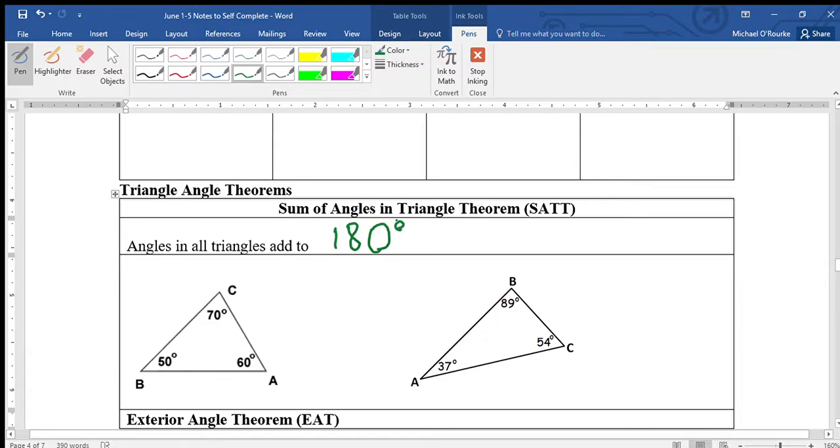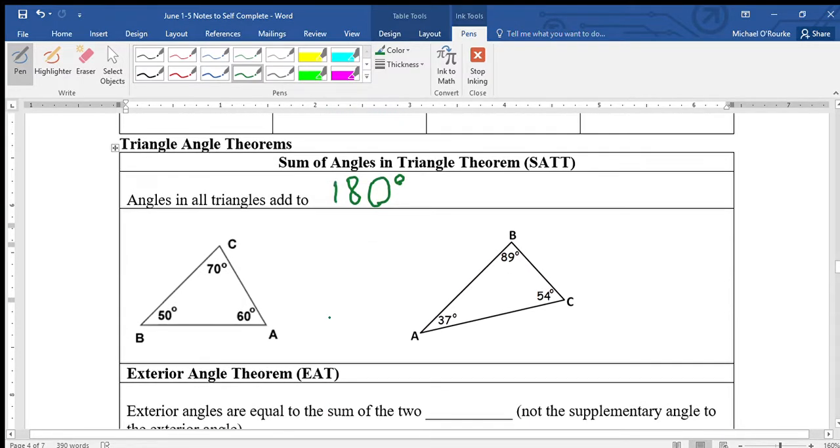Okay. So in this case, if I add it up, 70 plus 60 plus 50, it's going to equal 180. 60 plus 50 equals 110. 110 plus 70 equals 180.